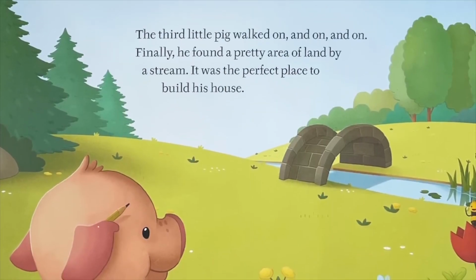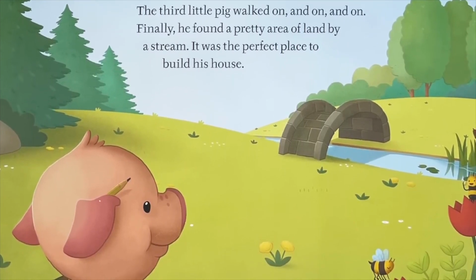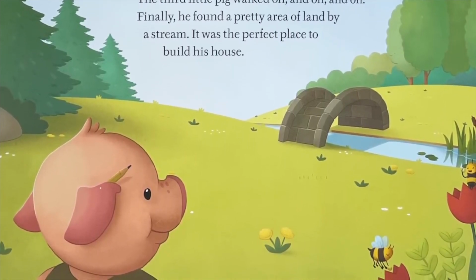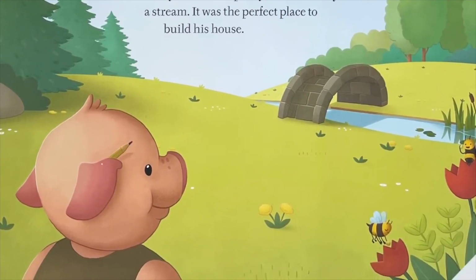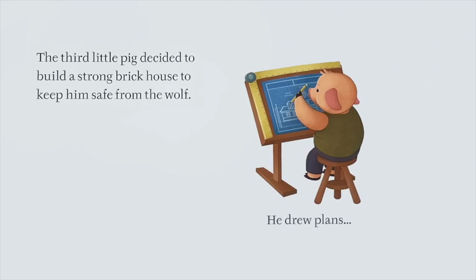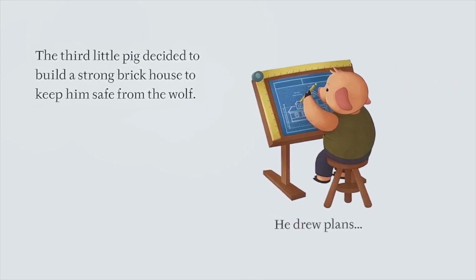The third little pig walked on and on and on. Finally, he found a pretty area of land by a stream. It was the perfect place to build his house. The third little pig decided to build a strong brick house to keep him safe from the wolf.